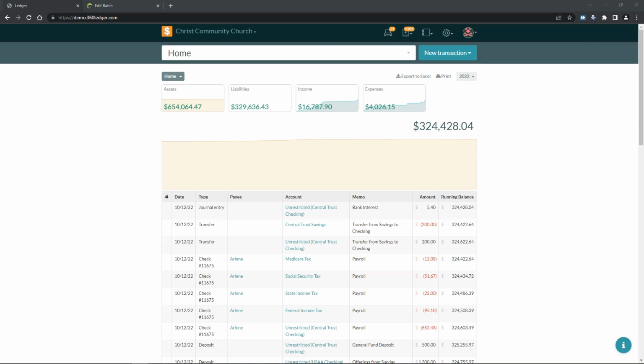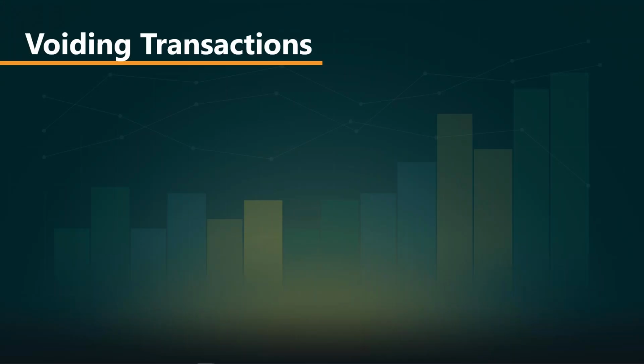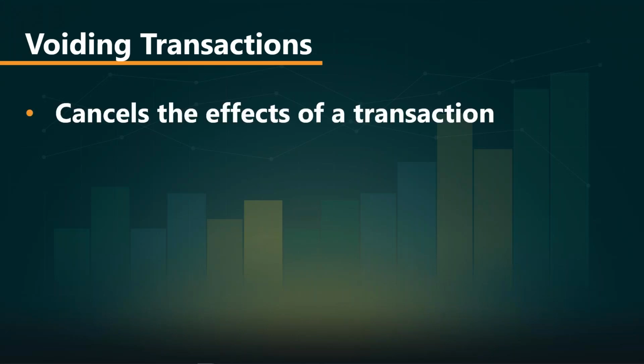Now, in addition to correcting transactions, there might come a time where you just need to completely void a transaction as well. And if you do go through with voiding that transaction, it will effectively cancel whatever that transaction was doing.